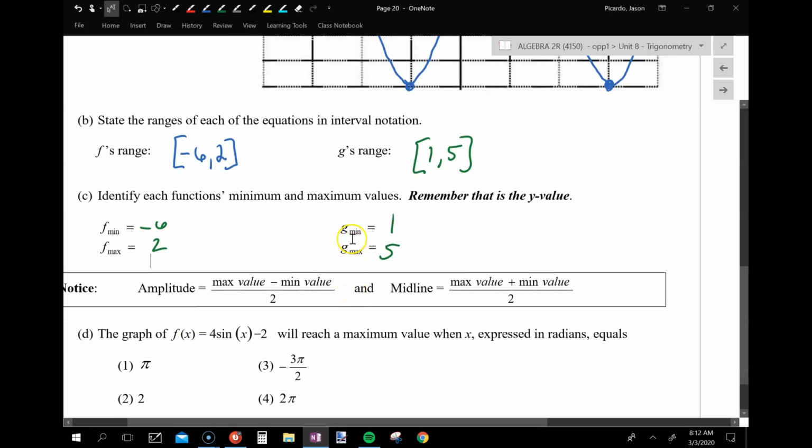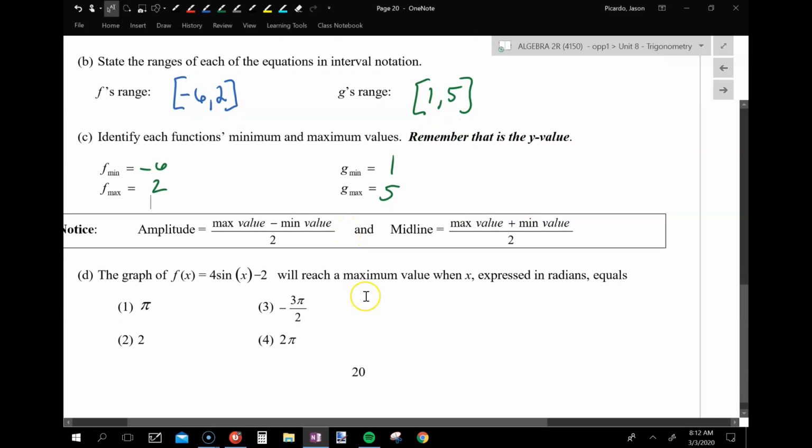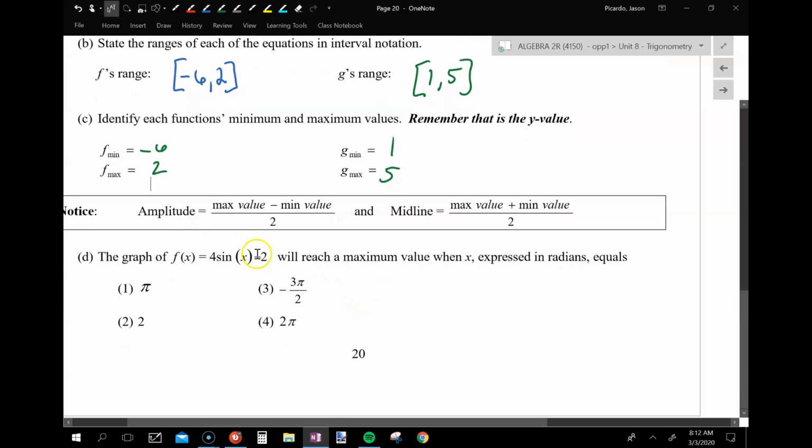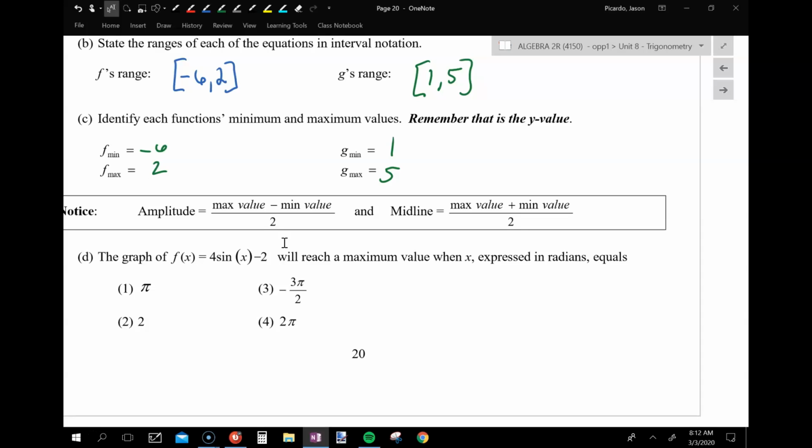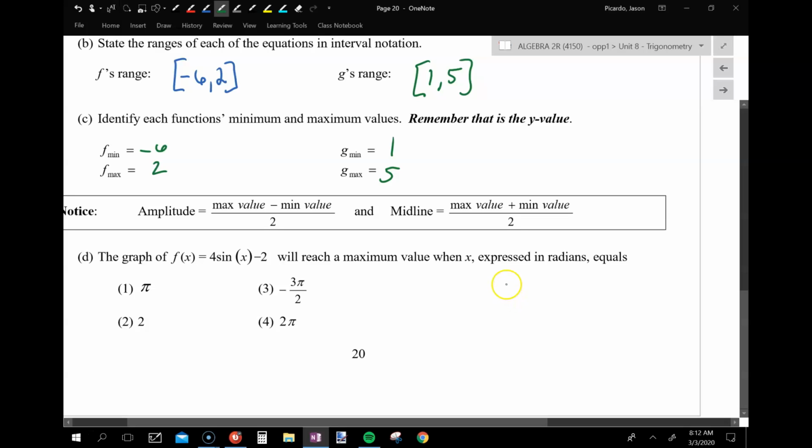So if I wanted to know the maximum value of this curve, watch what I'm going to do. Do we all agree that that's the midline? Now, I don't even care what this thing looks like.